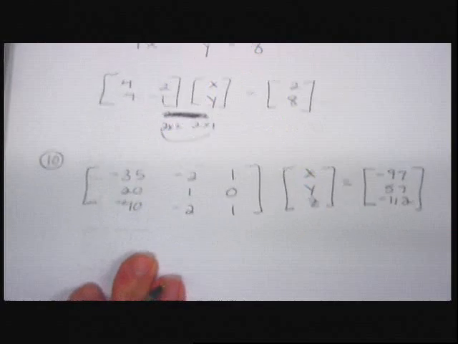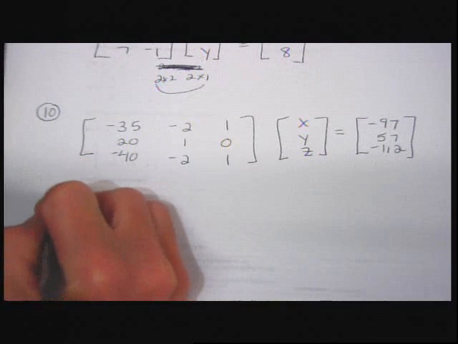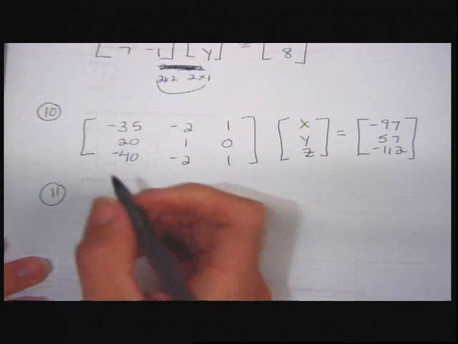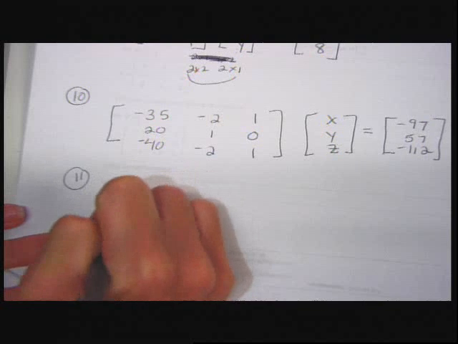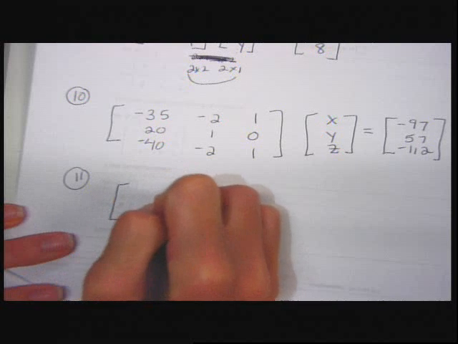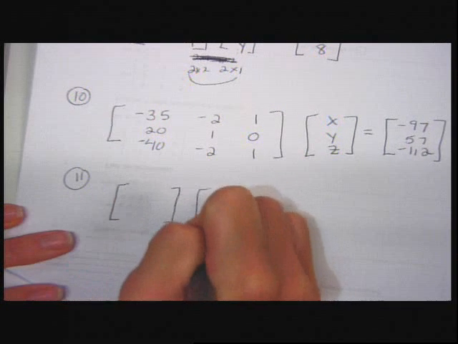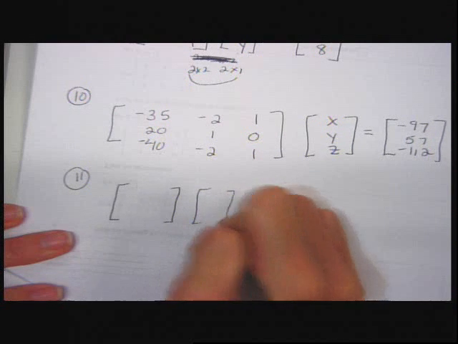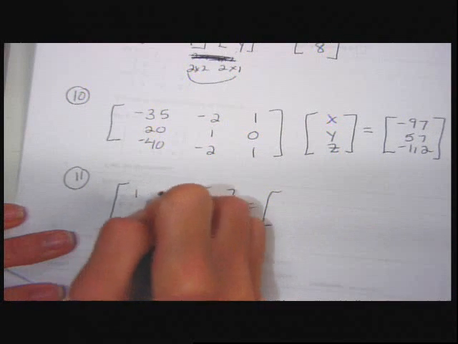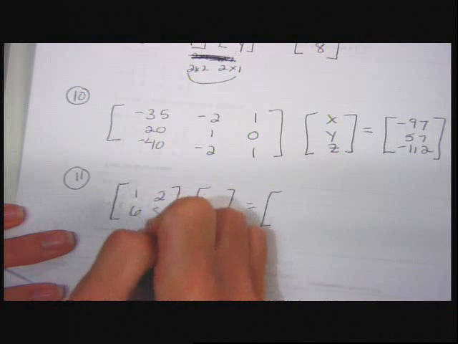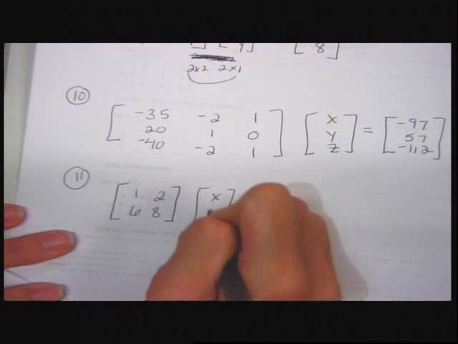The reason that we would do that on number 11 is we would first write the matrix equation. So can y'all write me the matrix equation on number 11? Moody, you want to tell me? Give me in a 2x2, 1, 2, 6, and 8. Good. And then x and y.